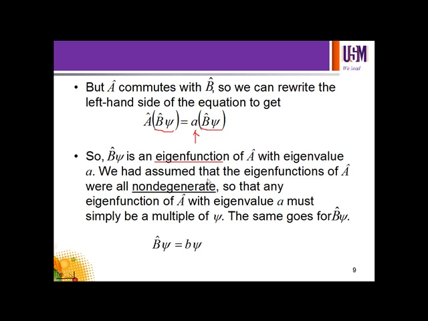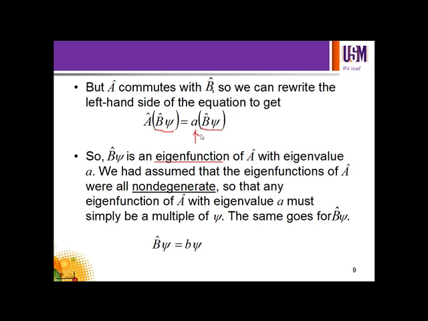We had assumed that the eigenfunctions of operator A were all non-degenerate, so that any eigenfunction of operator A with eigenvalue a, small a, must simply be a multiple of psi. The same goes for operator B psi.